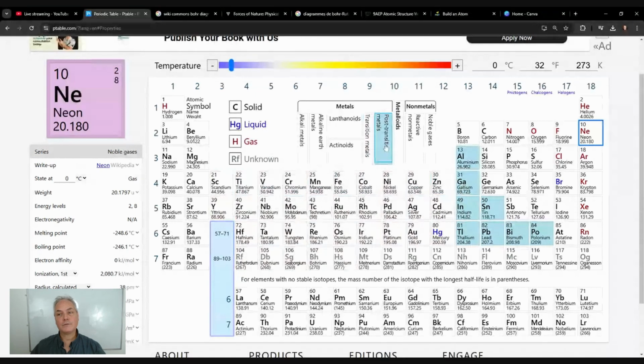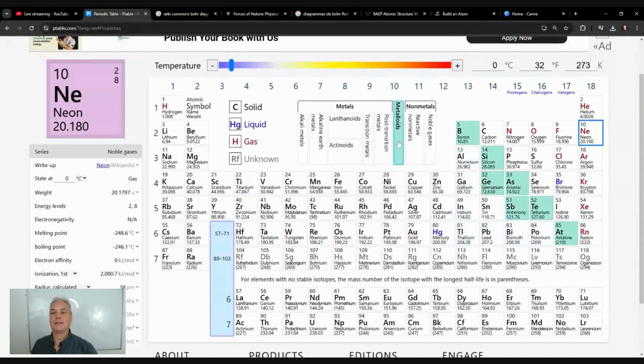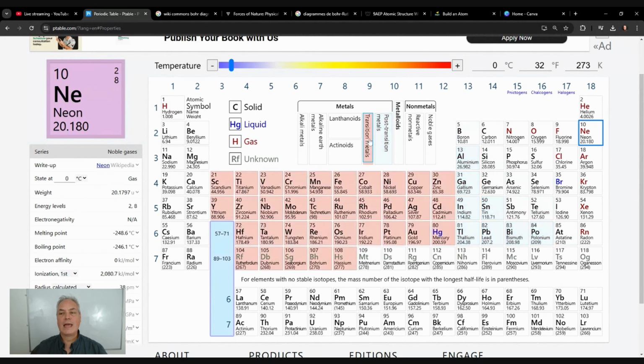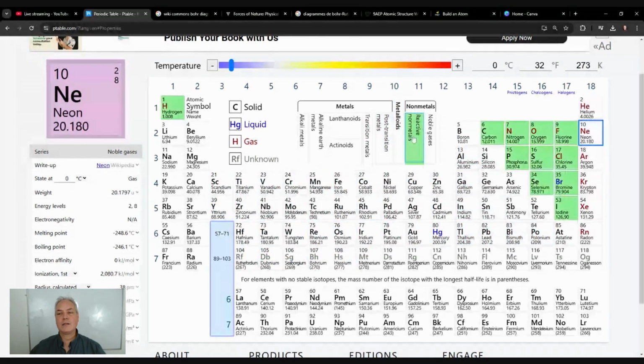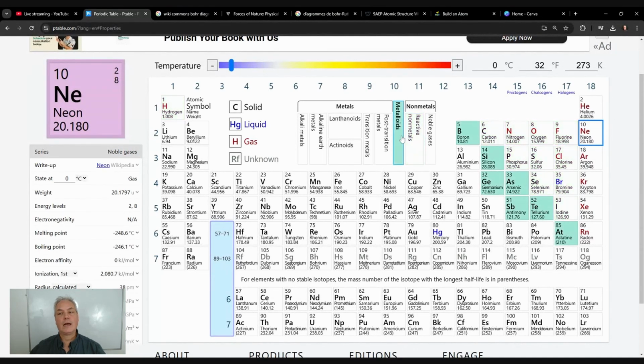The next group of elements are what we call the metalloids. What's interesting is that they are sitting between the transition metals and the non-metals. Metalloids will react to different materials depending on the environment.